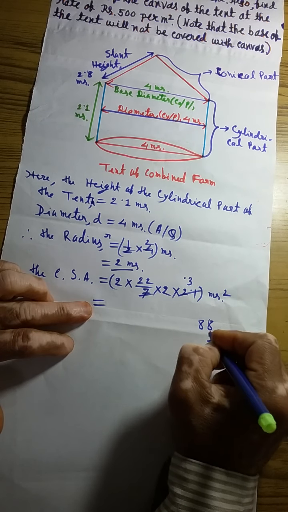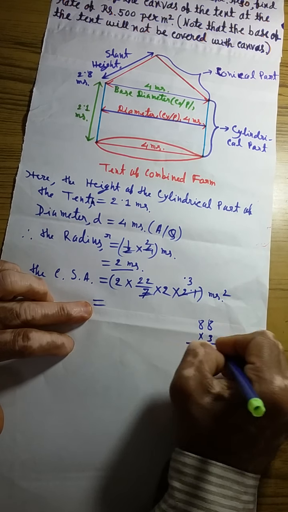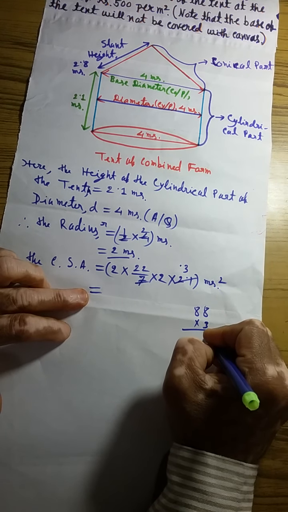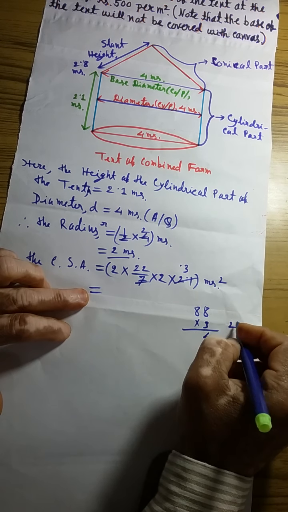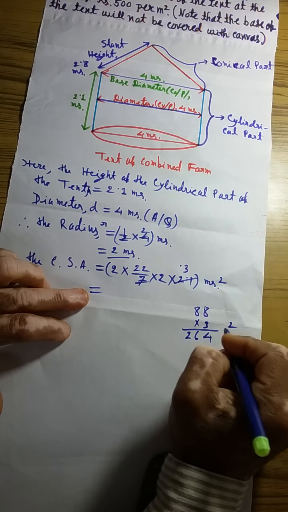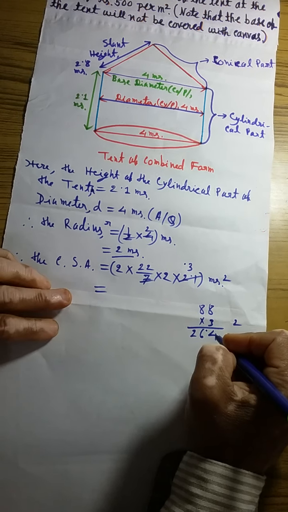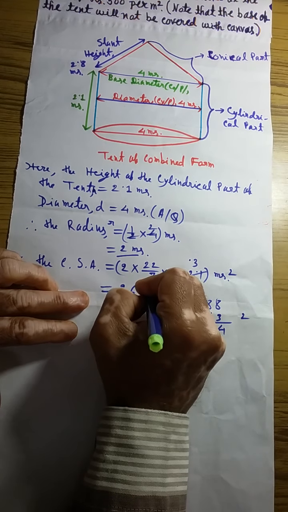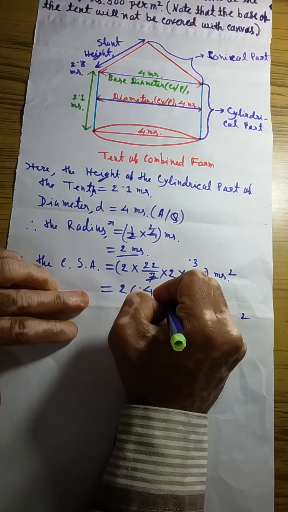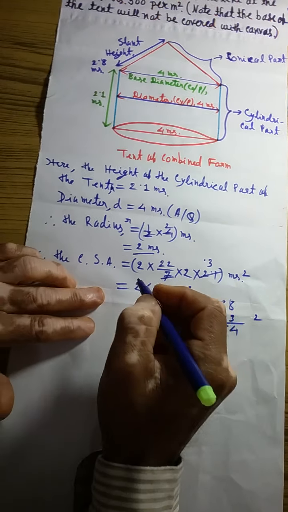And if we multiply 88 by 3, we get 3 8s are 24, carry 2, so 26.4. So this is equal to 26.4 meters square.